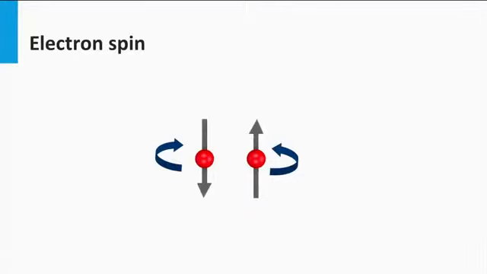Let's consider a charged body in classical electrodynamics, like these spheres. We start to rotate these bodies. The rotation of the charge will induce a magnetic dipole. Depending on the rotation, clockwise or counterclockwise, the magnetic dipole will point up or point down.